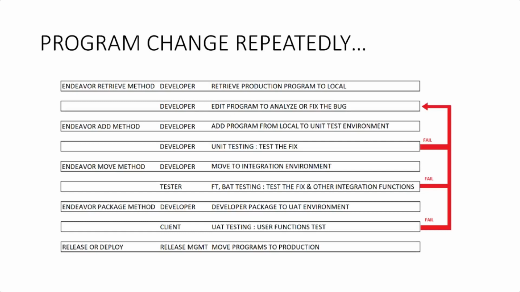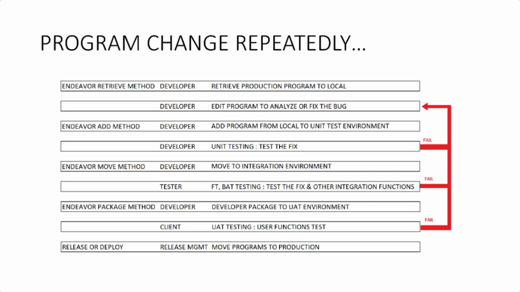If the fix is successful, he moves the program changes to the next environment. If not, as we already have the program in local, we edit again, add to the unit testing environment, and perform unit testing again. This repeats until unit testing is successful.